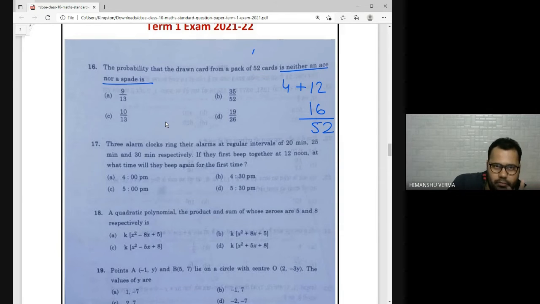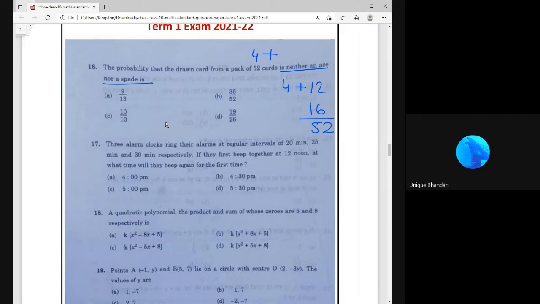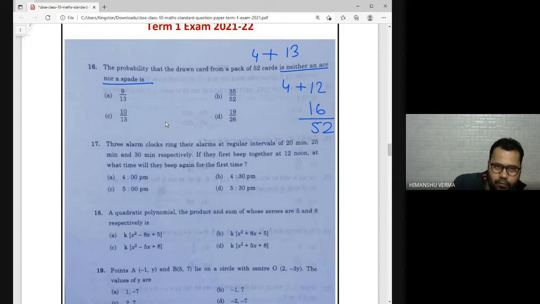There are 4 aces, spades including 13 spade cards. But we include one, so only 12 are there.